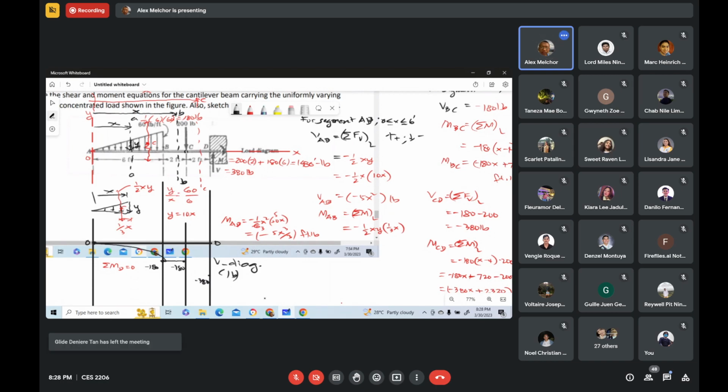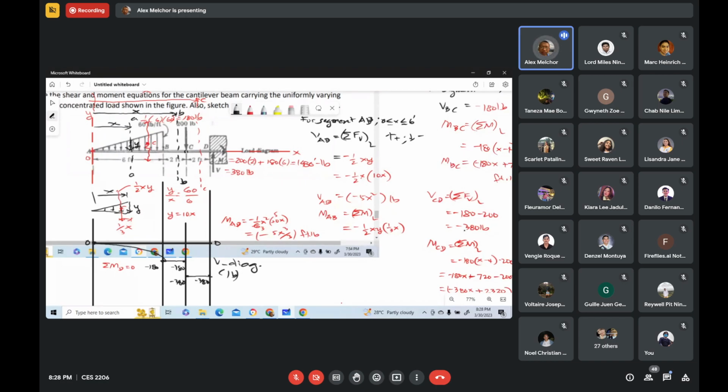And then, by the way, we have here 200. Now to the right of C, we have negative 380. So we forgot to write this. This is negative 380. And then we connect.